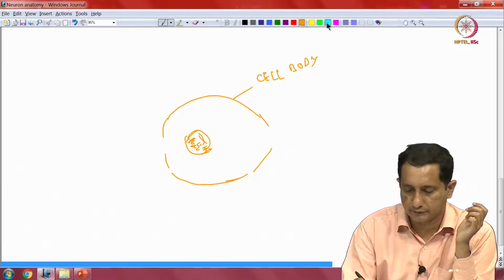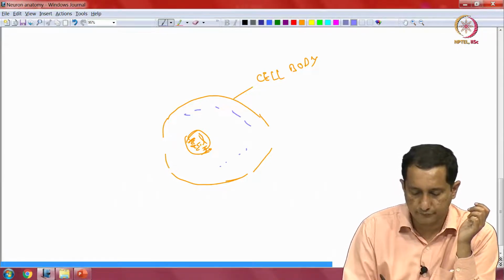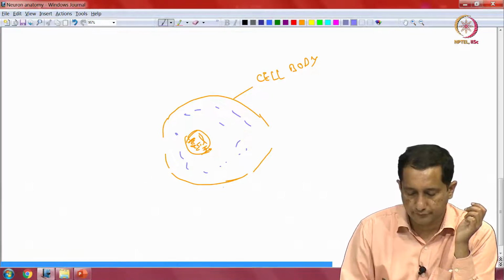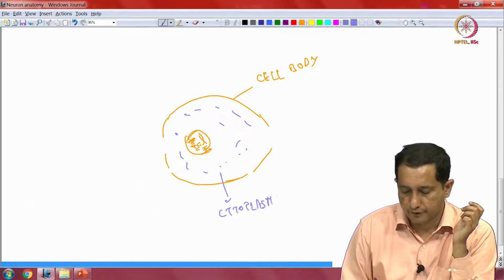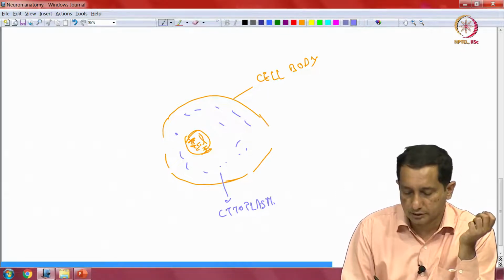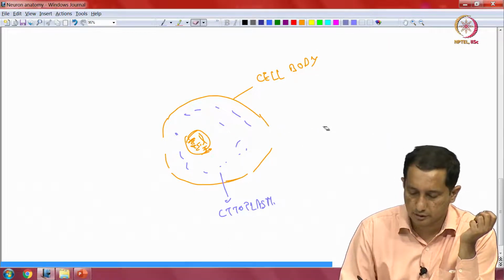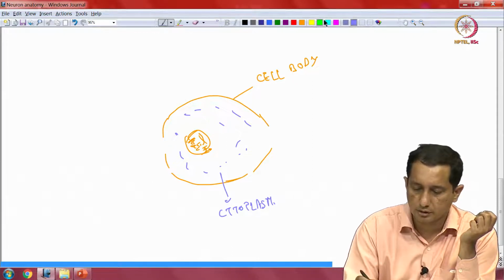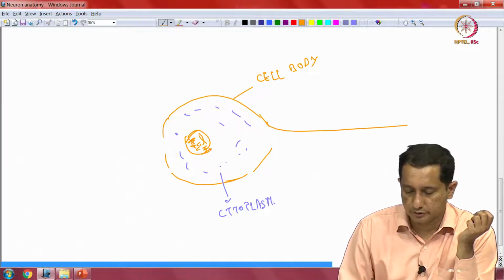Cytoplasm is a different color. We spoke about membranes so far. So, what are those membranes? The biggest membrane is the tubule. The biggest tubule is something called the axon.